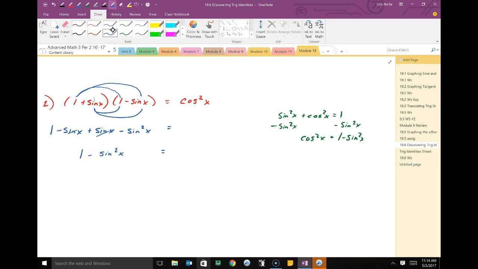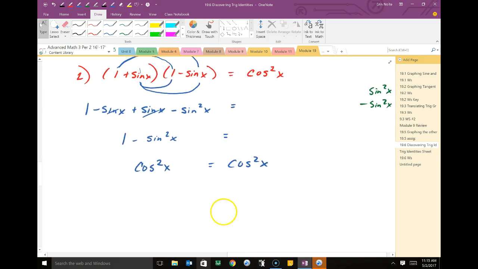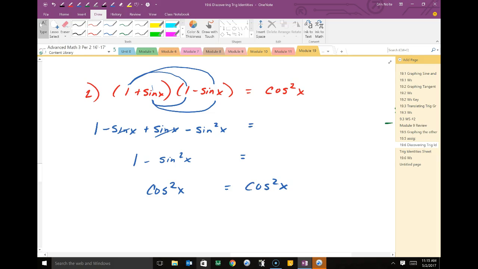We just used a triangle to come up with these identities. Okay, so since 1 minus sine squared is equal to cosine squared, I have proven that these two statements are equivalent.